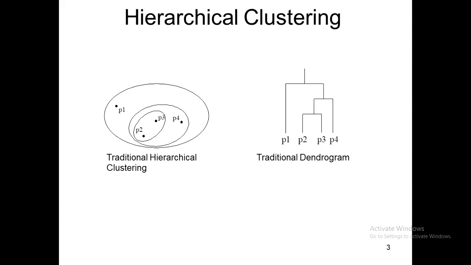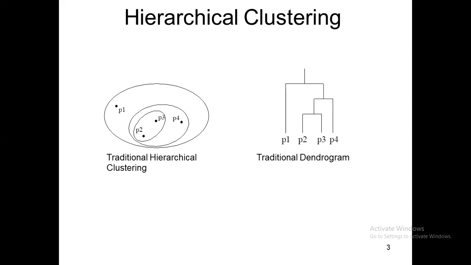So this approach, we can say, does not require the user to specify the number of clusters beforehand, as opposed to non-hierarchical methods like k-means clustering. There are two main types of hierarchical clustering: agglomerative hierarchical clustering and divisive hierarchical clustering, right?